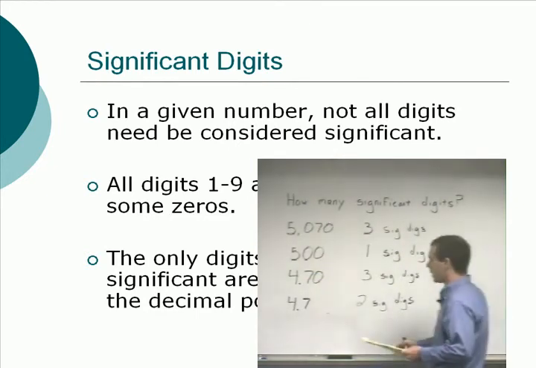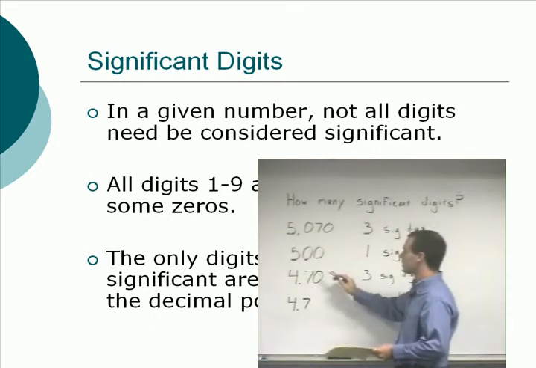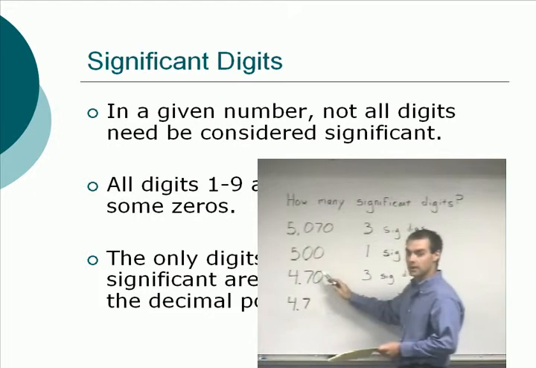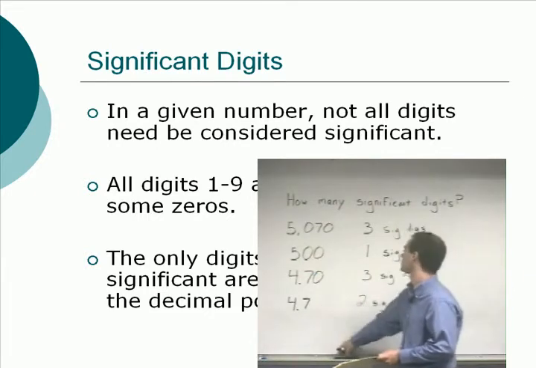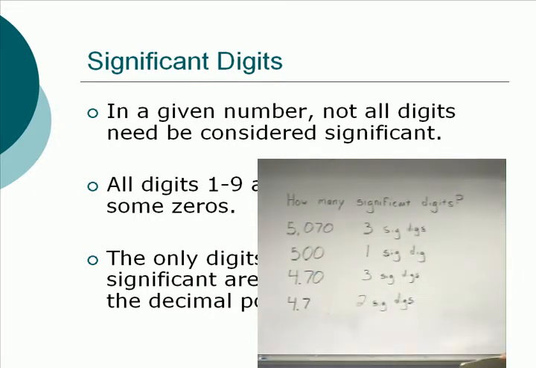Again, the key is to look at that 0. Is it used to locate the decimal point? If it's not, it must be significant. It must have some other role. Let's do a few more examples.